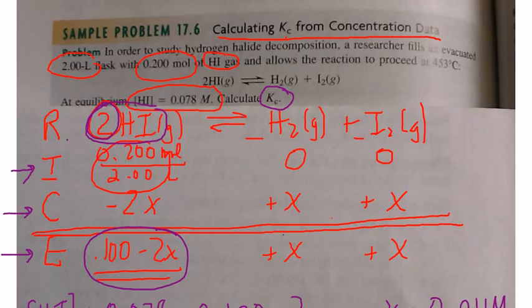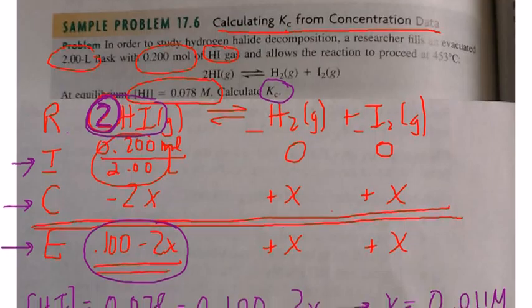When you have a balanced chemical equation with coefficients, the rate at which, for example, the HI disappears is going to be twice the rate at which the H2 and the I2 appear because of that 2 in front of it. And because of that, the HI's concentration is going to change at a different rate than the I2 and the H2.